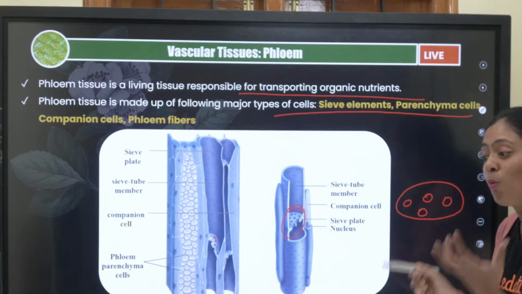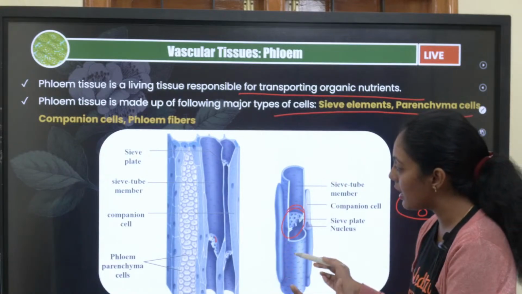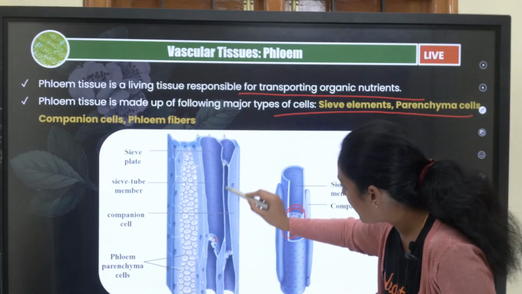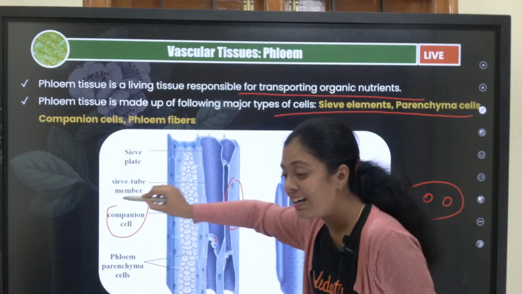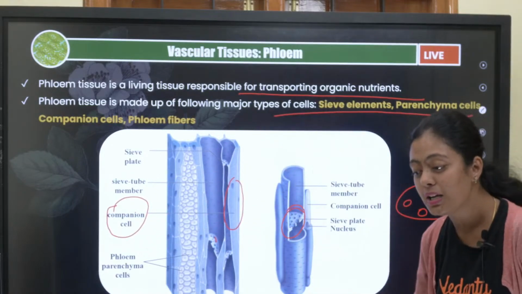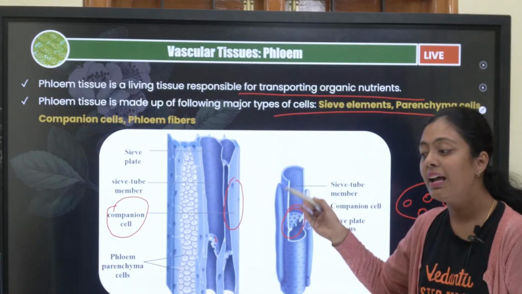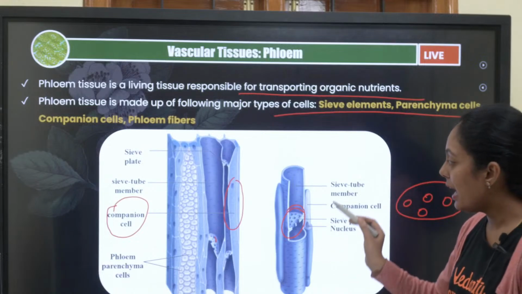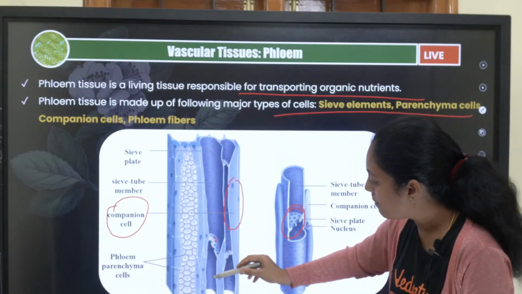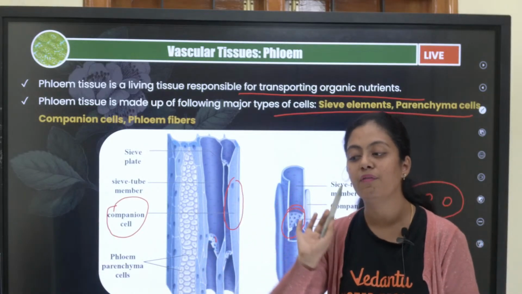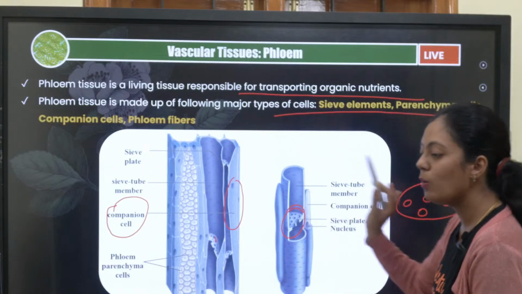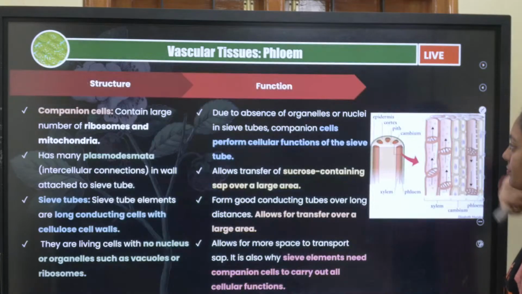They are called sieve pores. And they are surrounded by companion cells. Look, as I said, the sieve tube needs a friend, because my sieve tube does not have a nucleus, so I have a friend, and that friend is called the companion cell. And then this companion cell is surrounded by parenchyma, and then you have your fibers. Okay, this is how it looks.